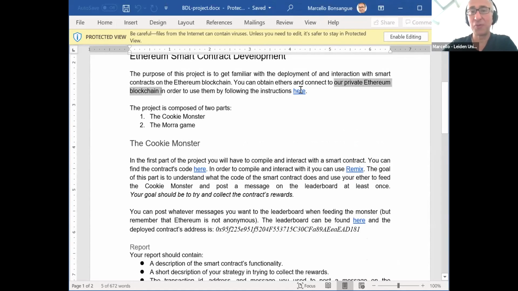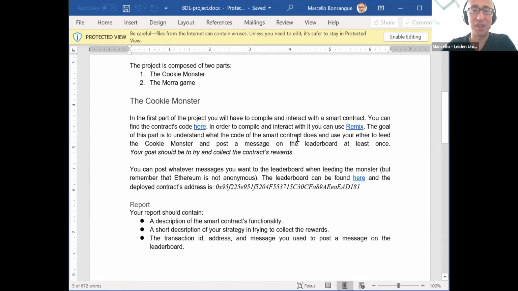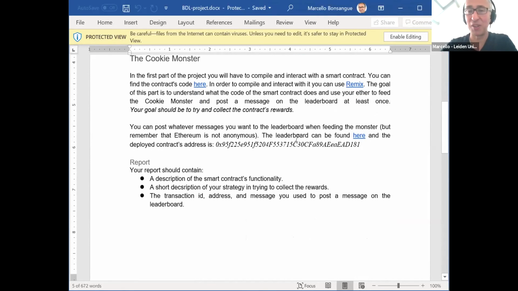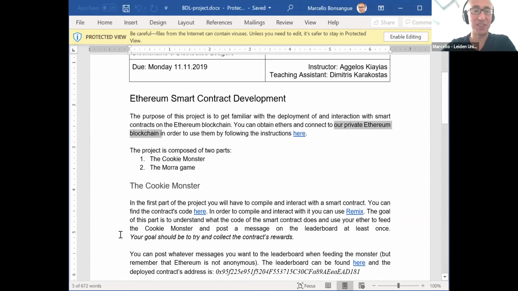You can click there and go to the instructions on how to use the Ethereum blockchain in Edinburgh. But first you have to see if those instructions comply with the implementation that you're using in your labs.